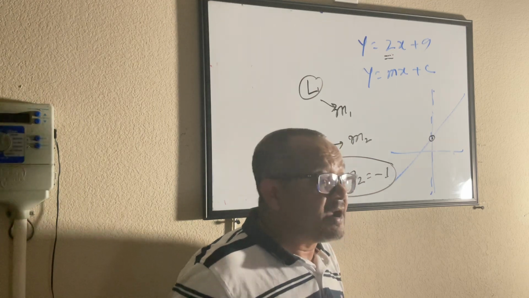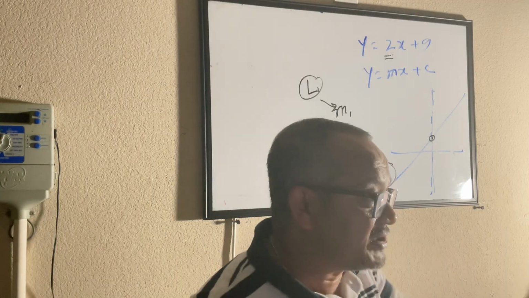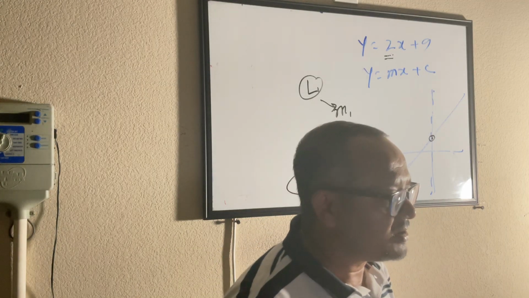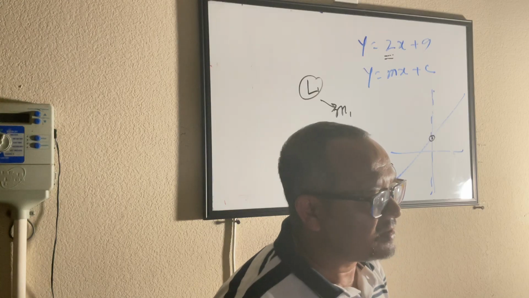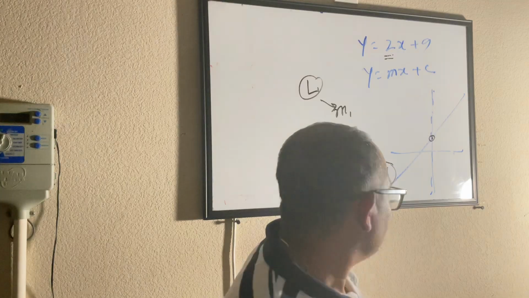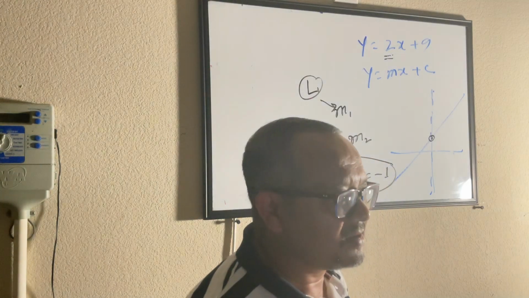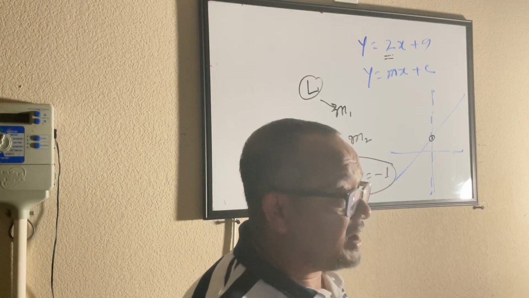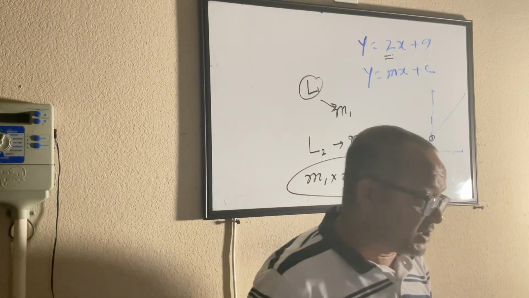And I made an unsuccessful attempt to teach you guys. Yeah. So it has to be -1 because in order to make it perpendicular, it has to be facing the opposite direction. If something is positive, the perpendicular has to be negative. If something is negative, the perpendicular has to be positive. That's a logical interpretation for sure.